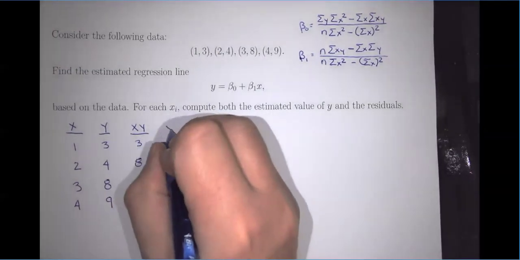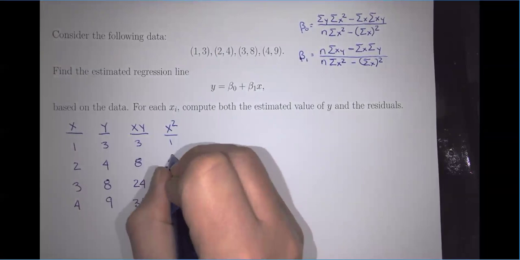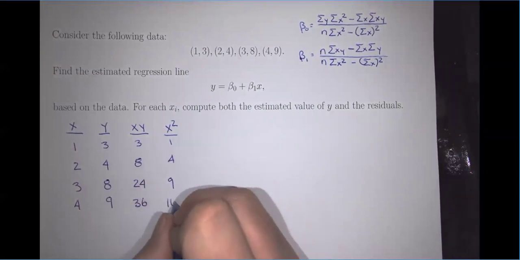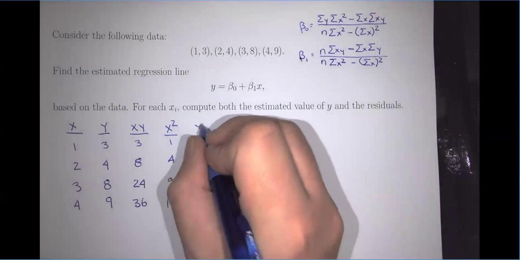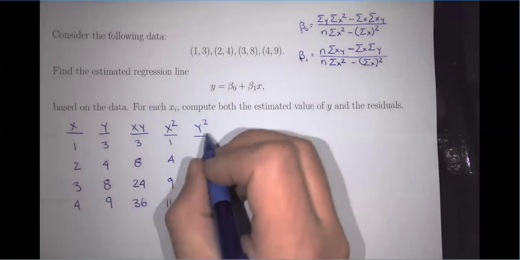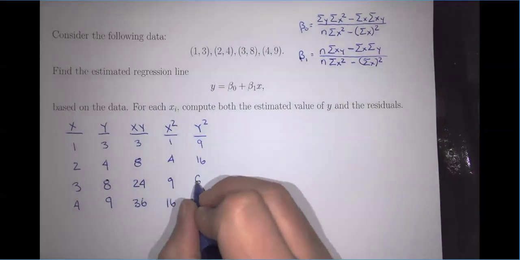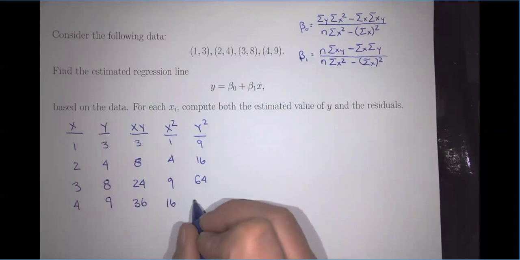Next, let's look at the x squareds. 1 squared is 1, 2 squared is 4, 3 squared is 9, and 4 squared is 16. I always figure out my y squareds, though in this case I don't really need it, but I've got 9, 16, 64, and 81.